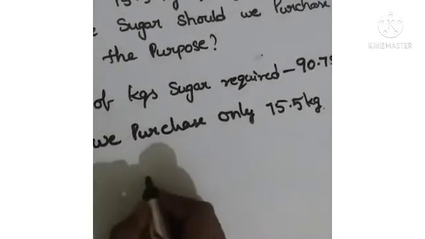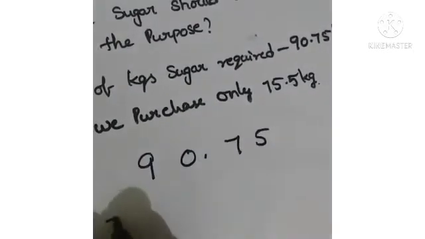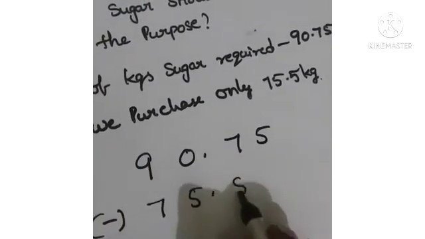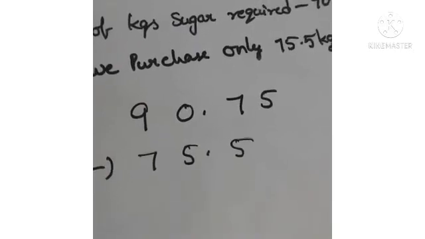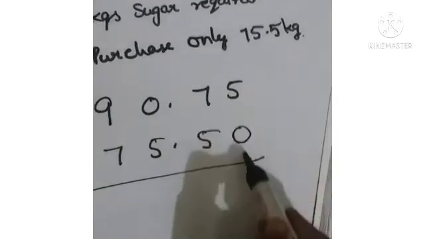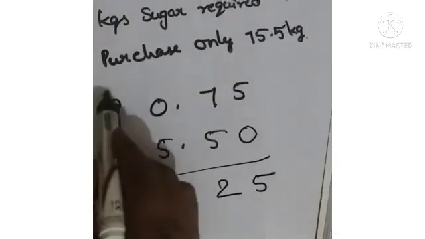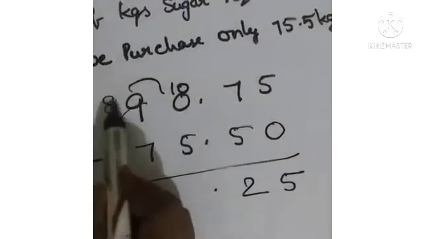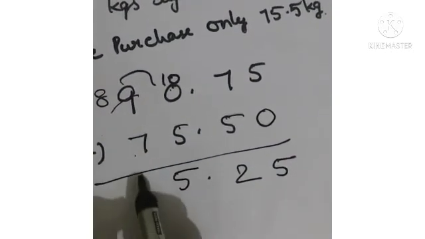Now we have to subtract 90.75 kgs minus 75.5. Here we keep 0. Put the 0 to fill up this gap. Now subtract. 5 minus 0, 5. 7 minus 5, 2. Borrow from the number before. 9 becomes 8, 0 becomes 10. 10 minus 5, 5. 8 minus 7, 1.